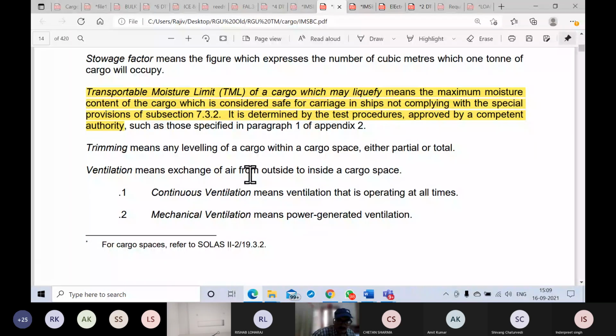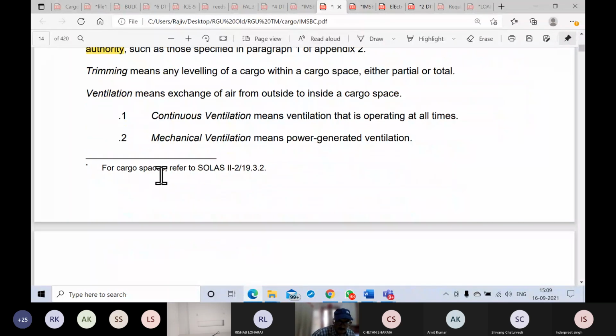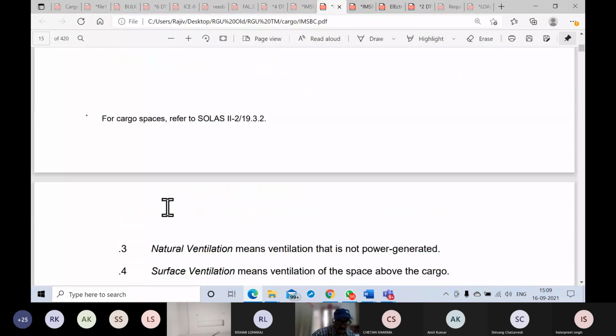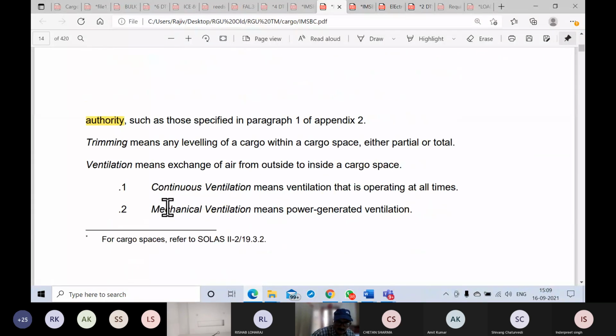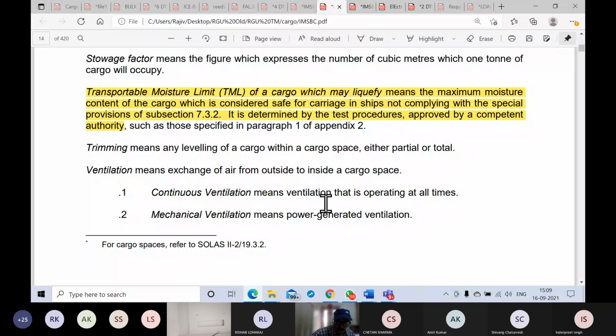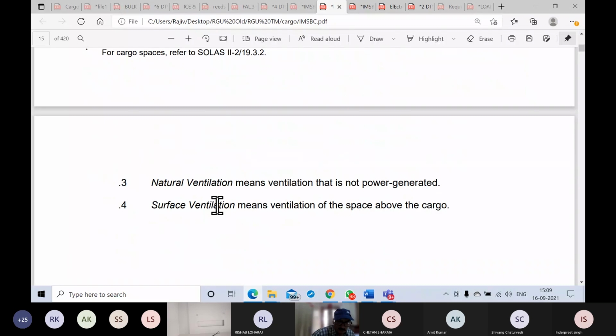Leveling of cargo in cargo space, partial or total, will be called trimming. That is okay. Ventilation. Ventilation means these types. Continuous ventilation, operating at all times. Mechanical ventilation, power generated ventilation. Some fans are being used. That we call mechanical. Because this also figures in the individual schedules. Recommended may be continuous ventilation, mechanical ventilation, or natural ventilation and surface ventilation.